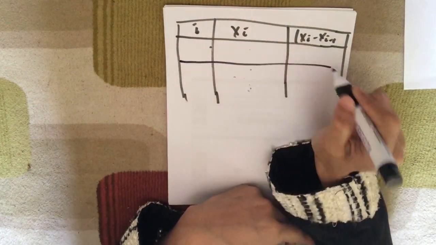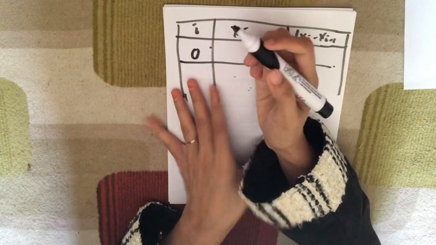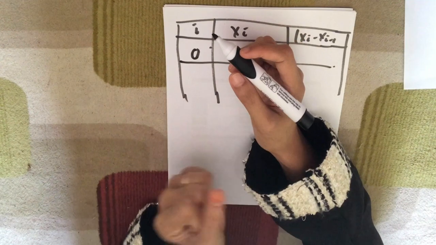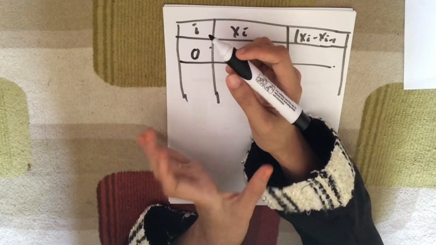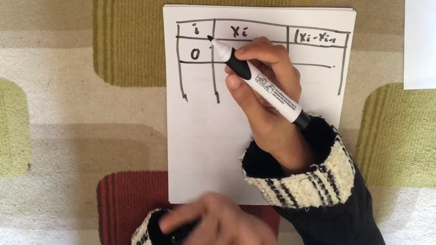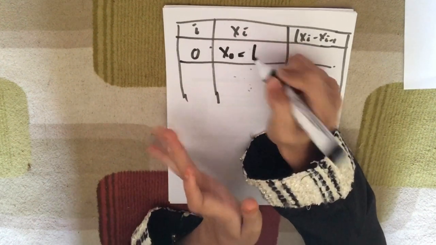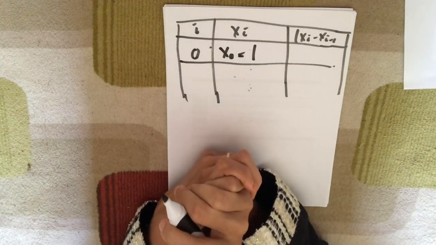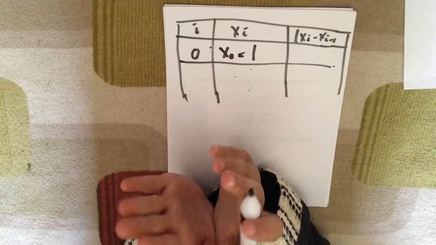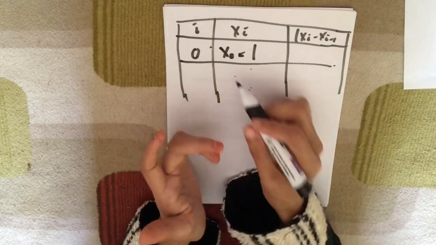For x_i, the first one we use x naught, and if some question does not mention the x naught, what we need to do is assume your x naught is equal to 1. So I repeat, if the question does not give x naught, you will assume x naught equal to 1.